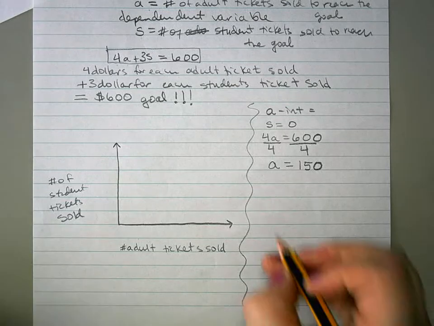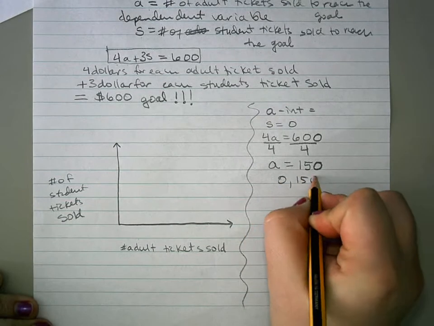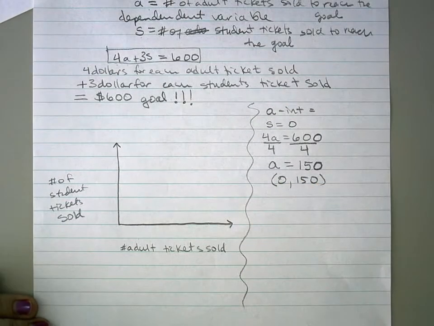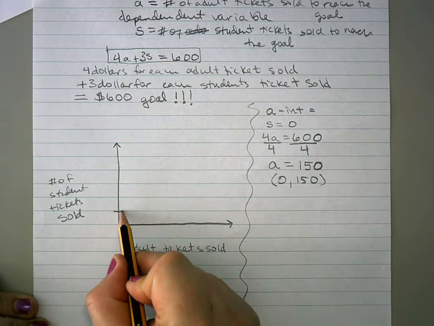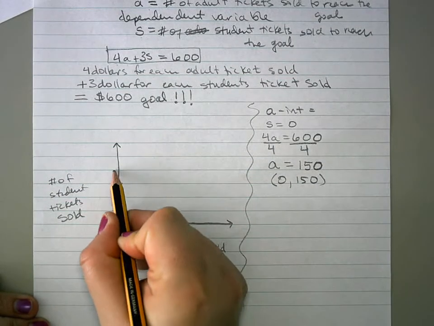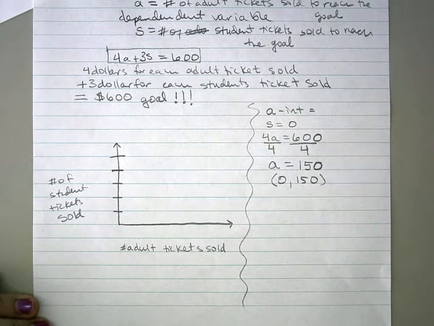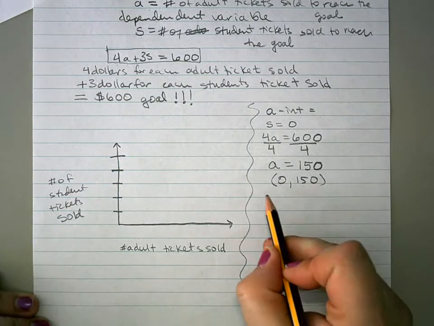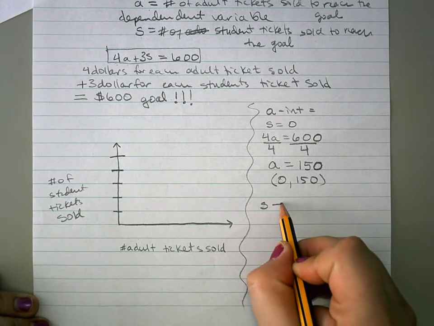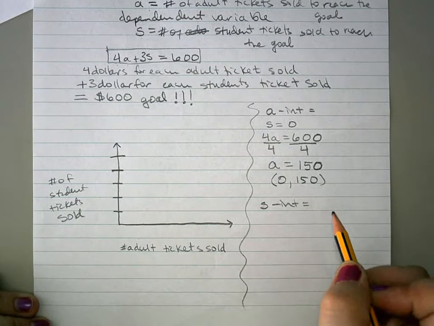What does that mean on the graph? Well, we're going to have to graph this. Let's first solve for the s-intercept, and then we can decide how we're going to scale it.